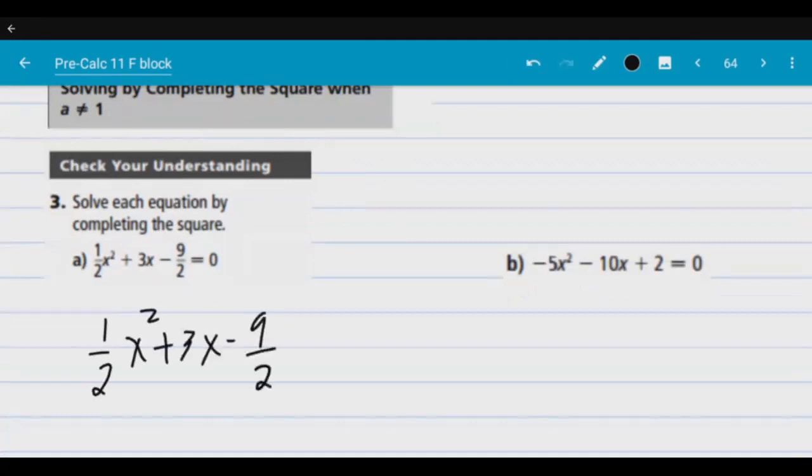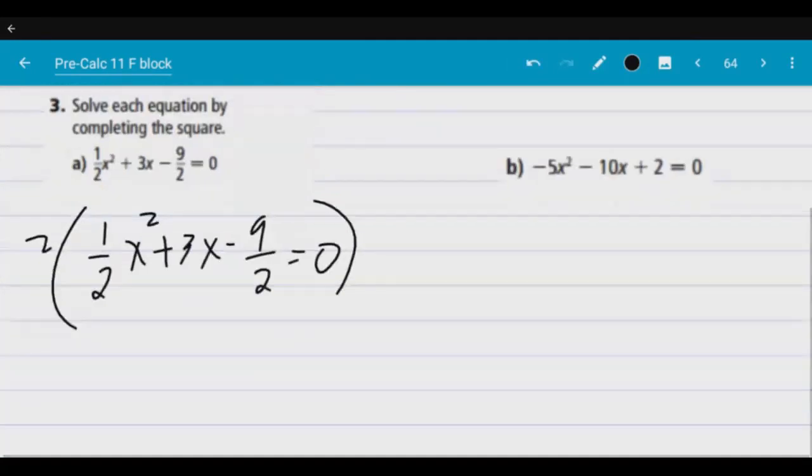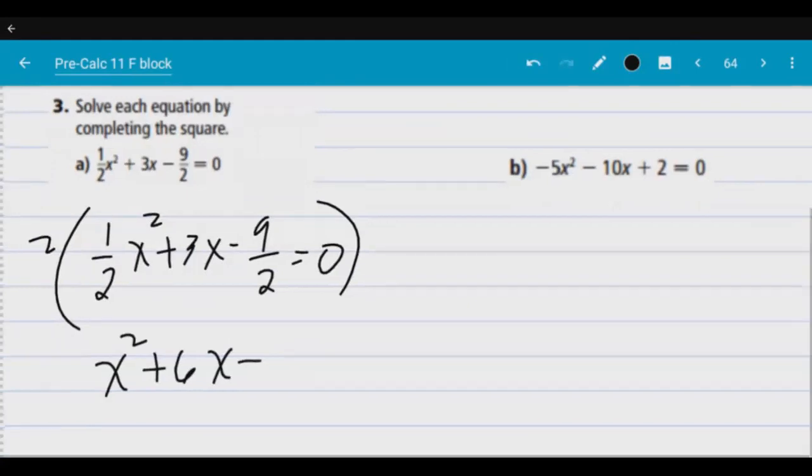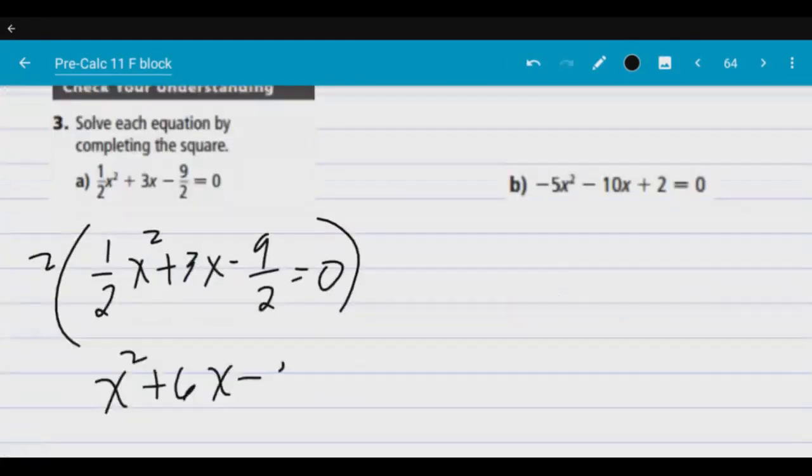All right. So multiplying everything by 2, that becomes x squared plus 6x minus 9 is equal to 0. Okay. Now be careful.